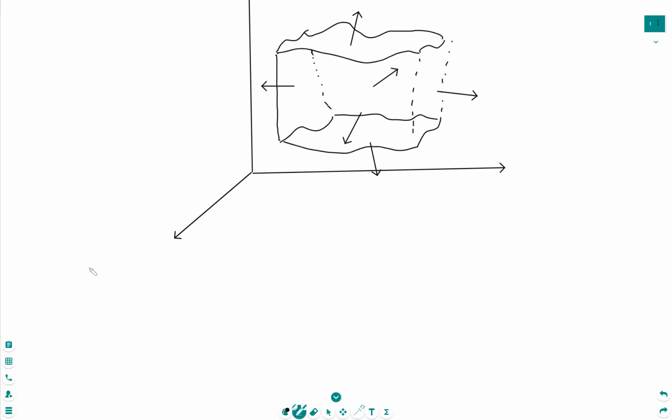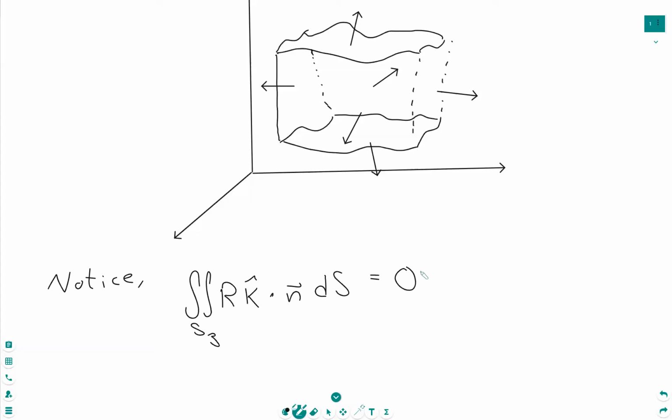So notice that the double integral over S3 of R k hat dot n dS is equal to 0. How do I already know that? Because take a look at what the dot product is representing.